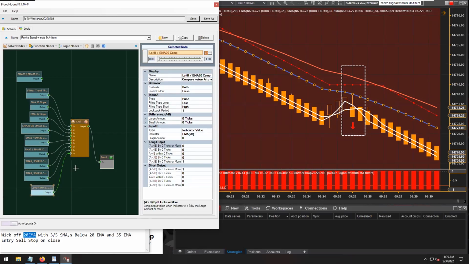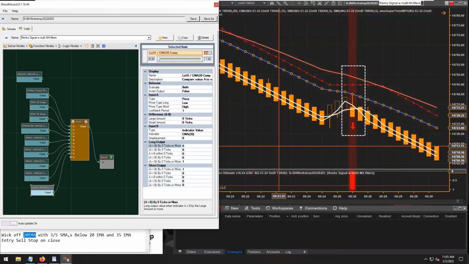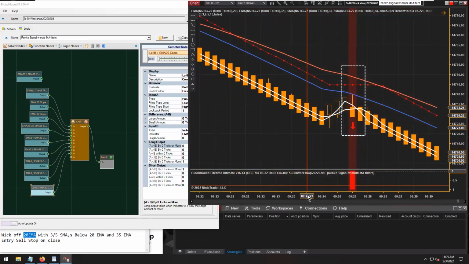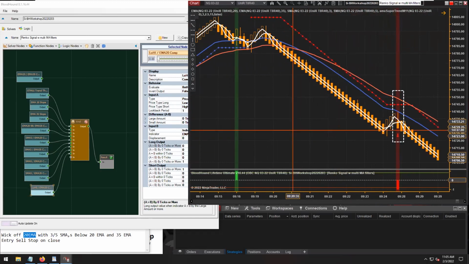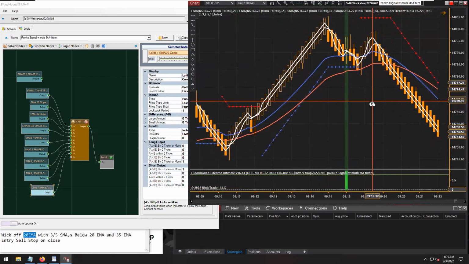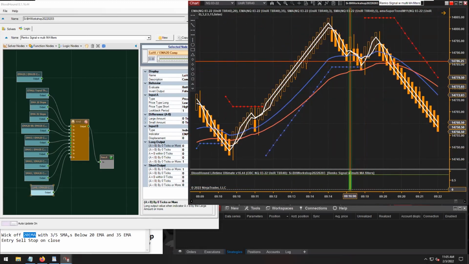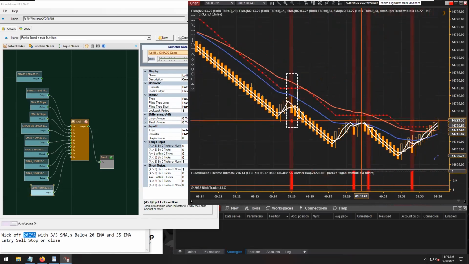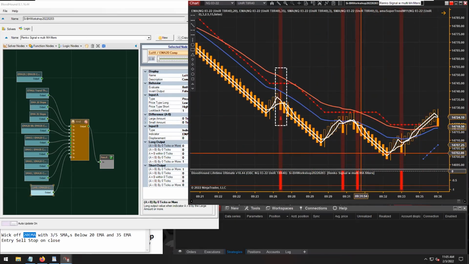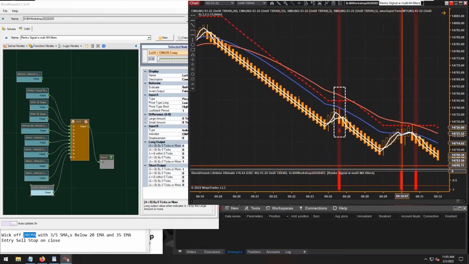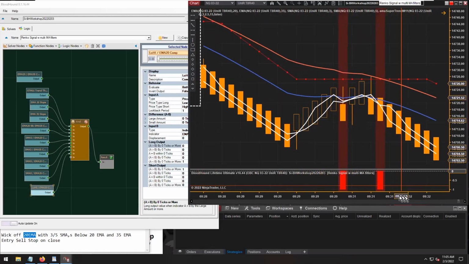So if I connect this in, there we go. There is our signal. And it just so happens there's a long signal. So here's an example of what I'm looking for.